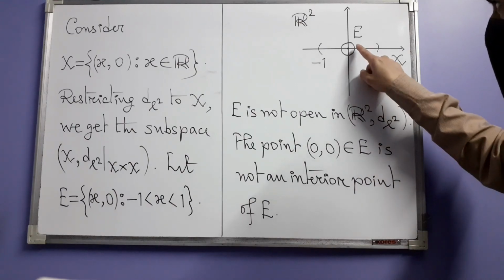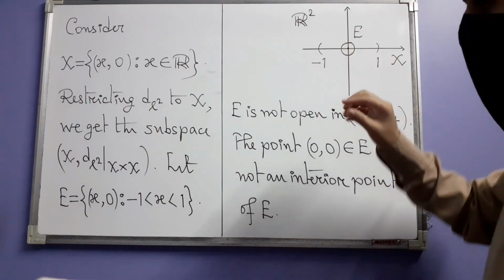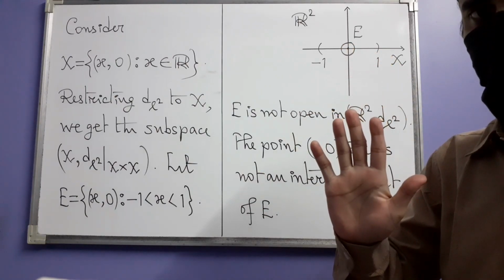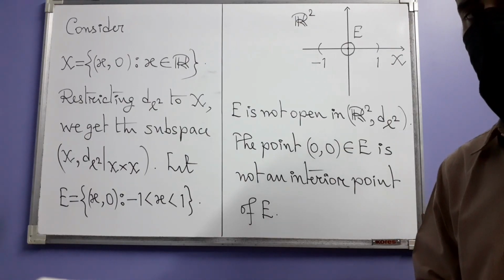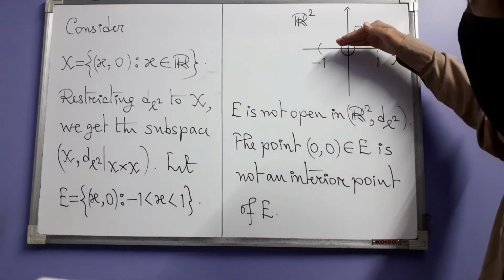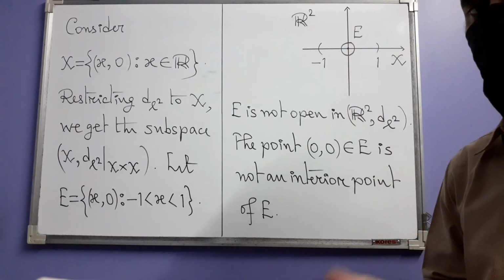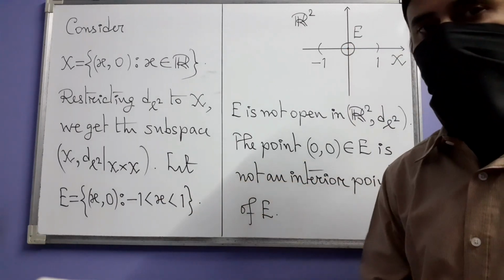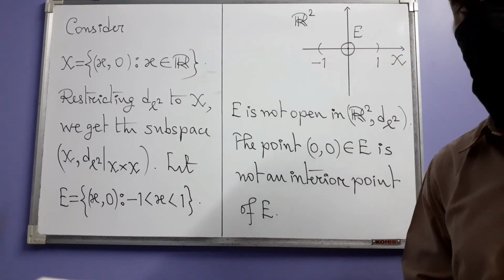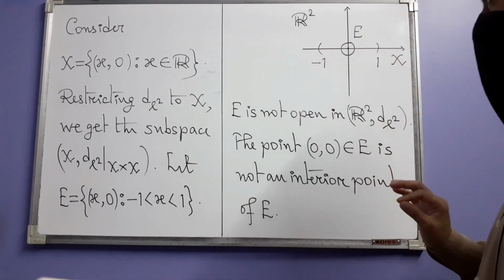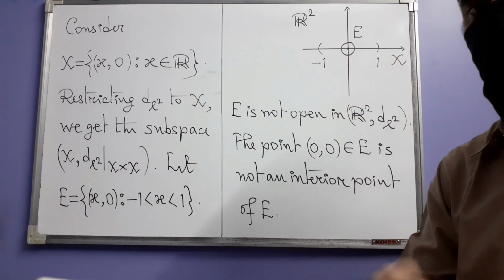Now you can clearly see that there are many points lying inside the circle that are not lying on the x-axis, for example above and below this line. They are obviously not inside E, because E itself is entirely contained in this line. And this continues to be the case no matter how small a radius of this ball you choose.